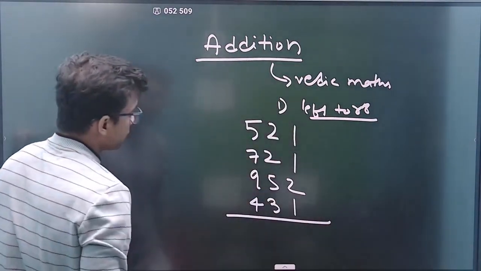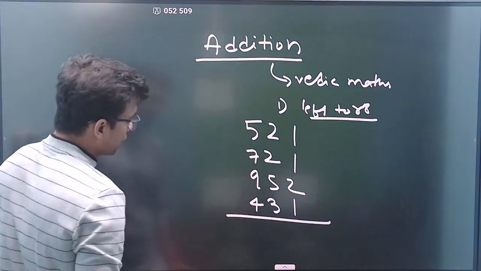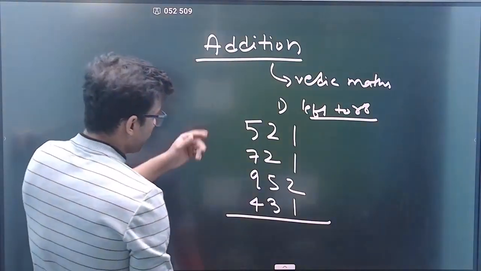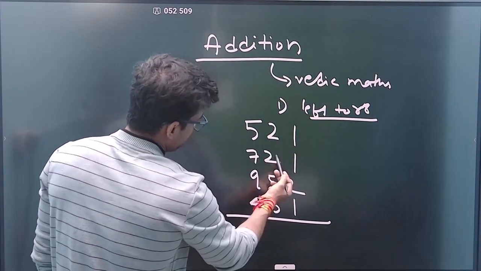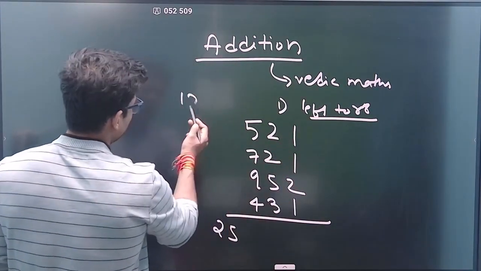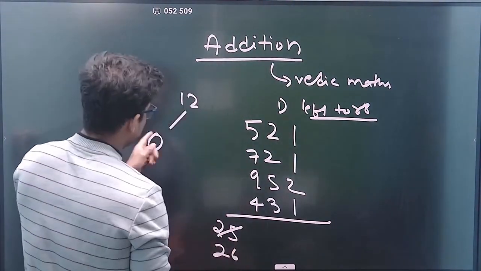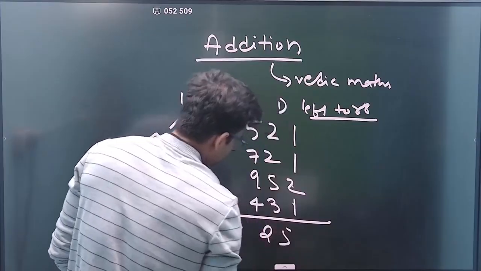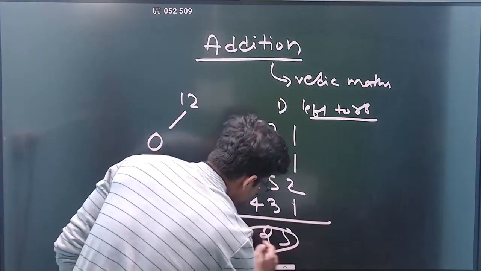What I can now do is start from the left hand side. Now 9 plus 4 is 13, 13 plus 7 is 20, and 20 plus 5 is 25. Write down 25 here. Then 5, and this 5 becomes 10, and this becomes 12. If this becomes 12, give 1 to the left hand side. This 25 becomes 26, and this becomes 2. Then 2, 3, 4, 5. Write down 5 here. So my answer would be 2625.